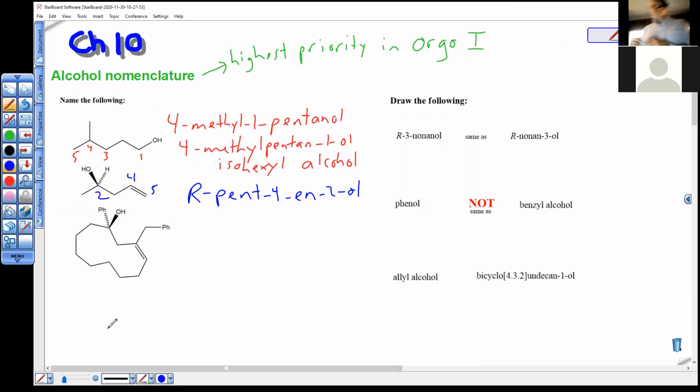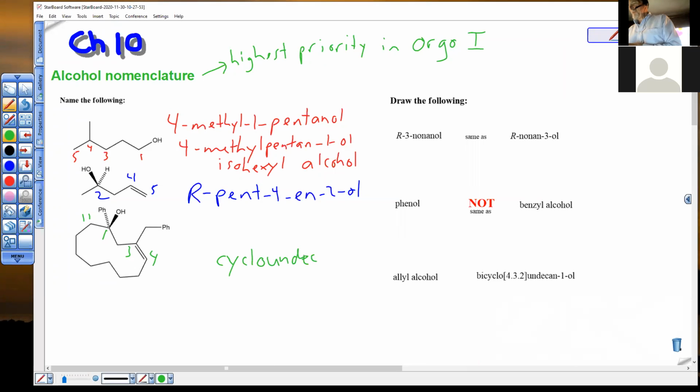Next one, we want the alcohol on the lowest possible number and the alkene on the lowest next possible number. So 1, 3, 4. And looks like we're going 5, 6, 7, 8, 9, 10, 11. Don't forget cyclo. Don't forget 11 carbons.